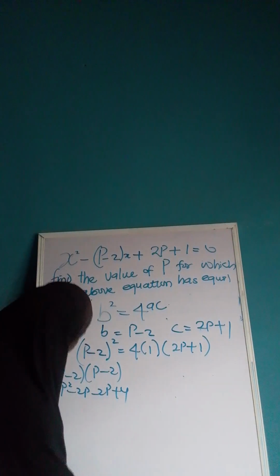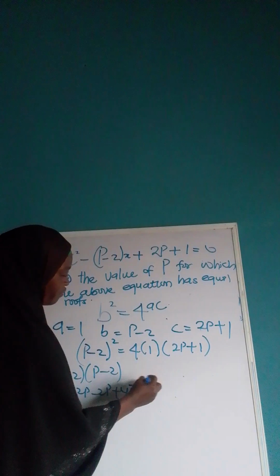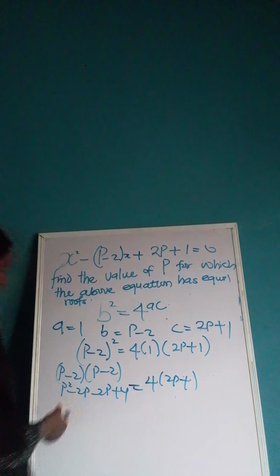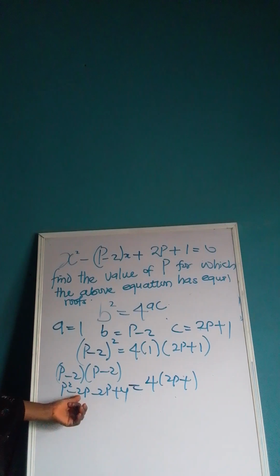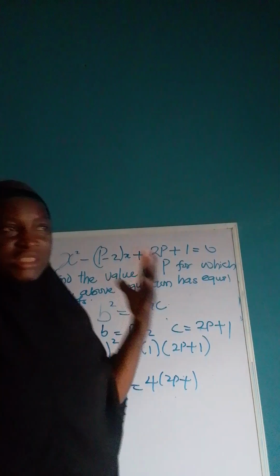That is equal to 4 multiplied by (2p plus 1). Now let's collect the like terms: minus 2p minus 2p. If you are owing 2 naira and another 2 naira, the debt you are now owing will be 4 naira.